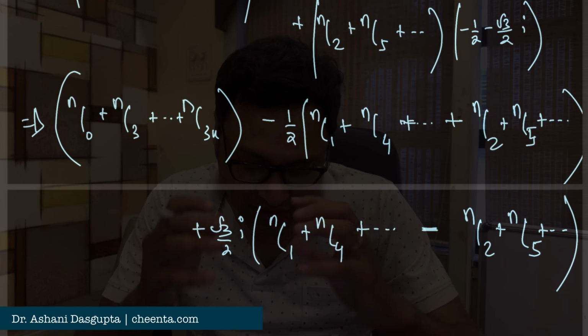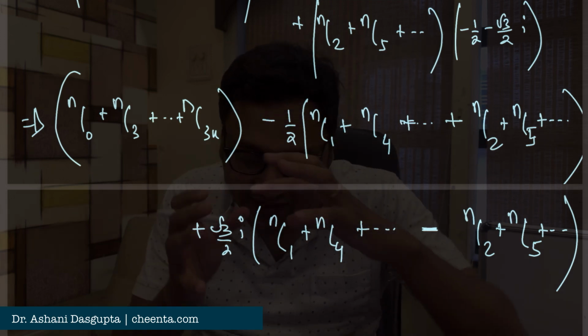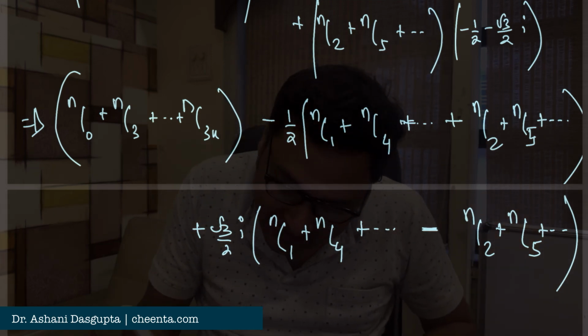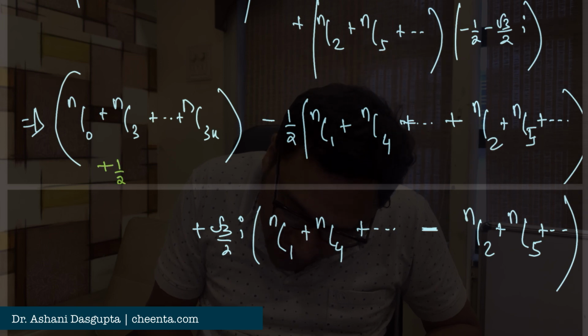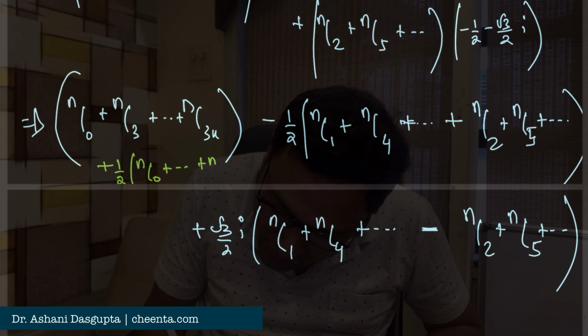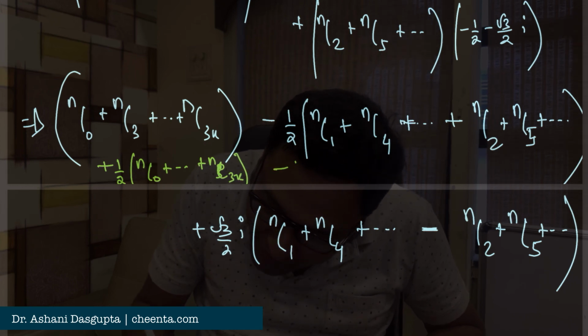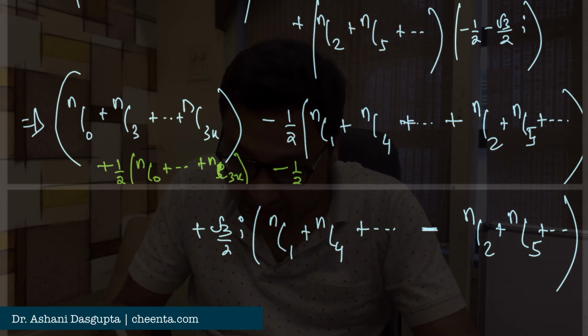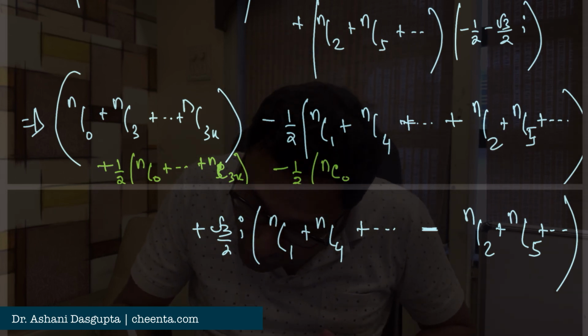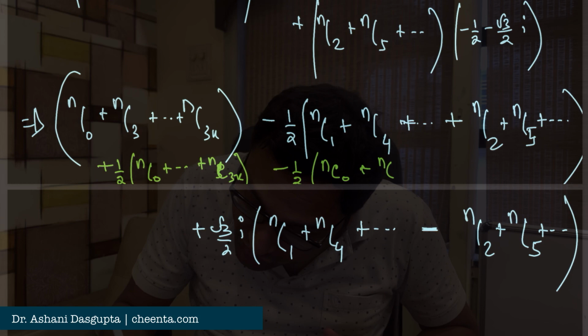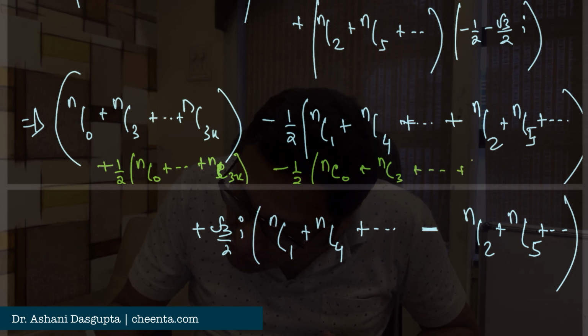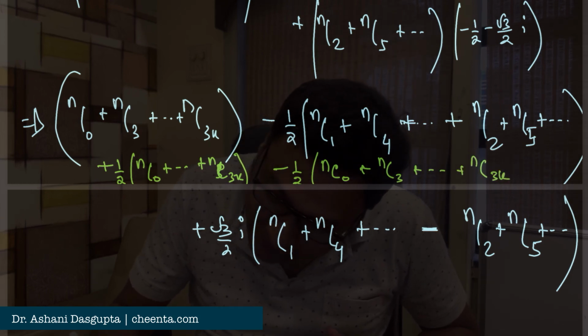In fact, what I'm going to do is I'll just add a half times n choose 0 up to n choose 3k, and I will subtract a half times n choose 0, n choose 3, n choose 3k, like this.